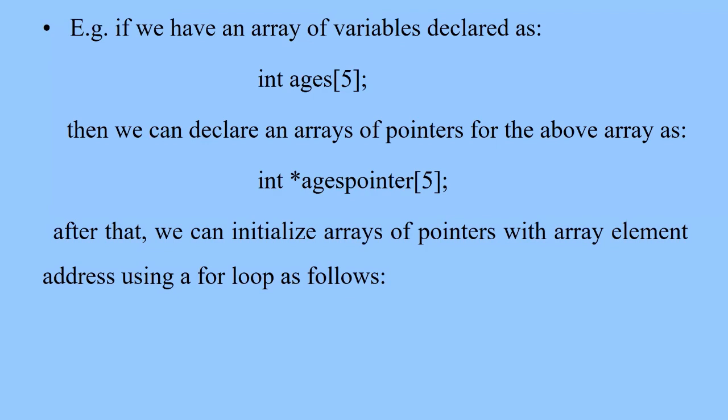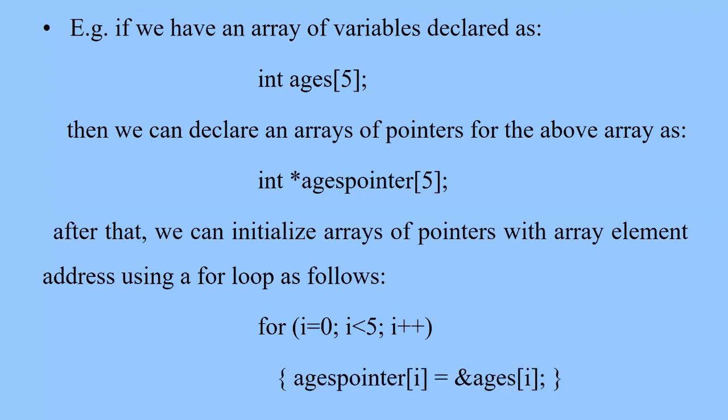After that, we can initialize the array of pointers with array element addresses using a for loop as follows. For example, initialize i to 0, then find out if the value of i is less than 5. If yes, do the following: pick the memory address of the first element in the array, that is the element whose subscript is 0 in the array called ages, and assign that address to ages_ptr[0].